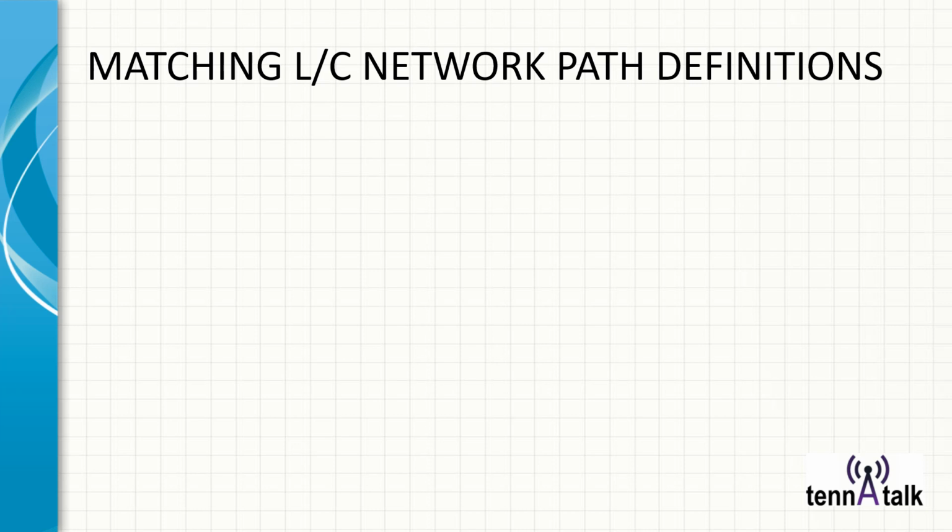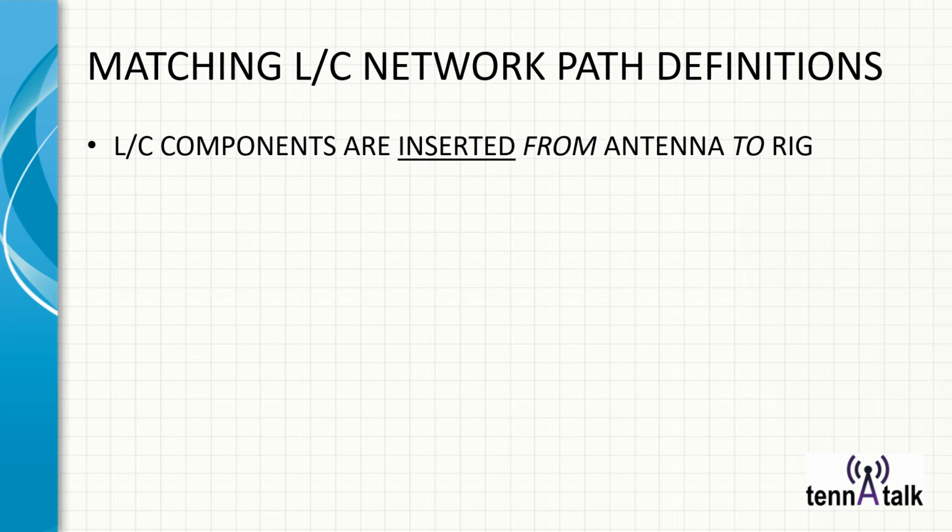So now let's take a look at the different concepts of impedance and admittance and all the things that make up those factors. So first of all, as we said, all LC components are inserted from the antenna side and built up towards the rig.